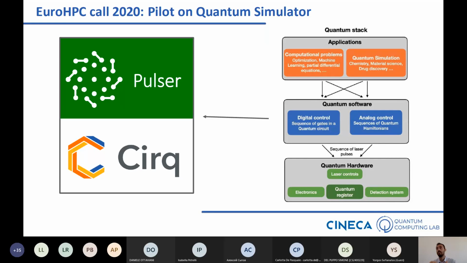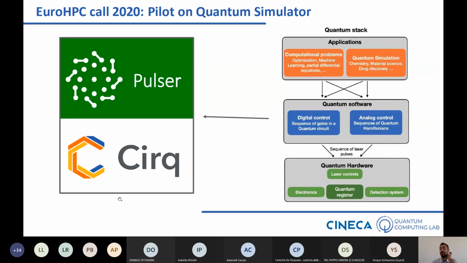Then there will be in the future also a higher-level way of programming, like Qiskit, where you define a sequence of gates. In the Pascal device, you will be able to program the quantum computer via Cirq.